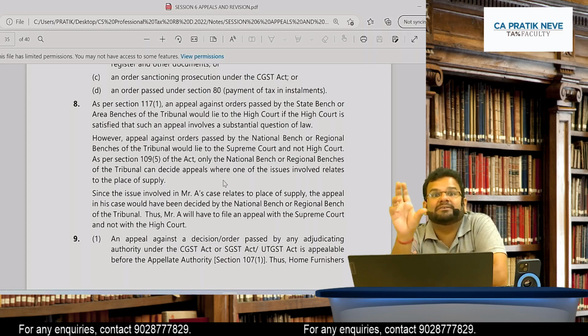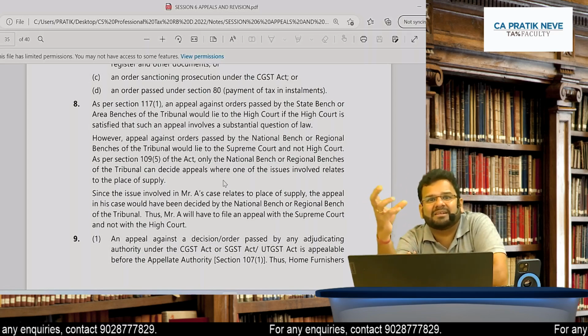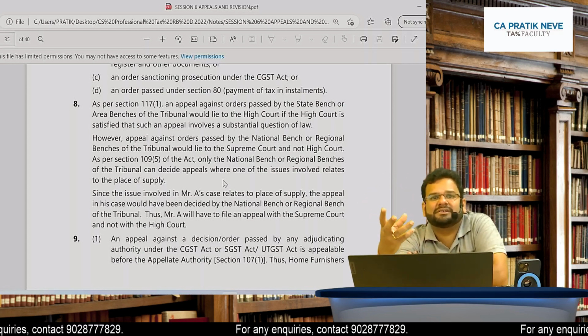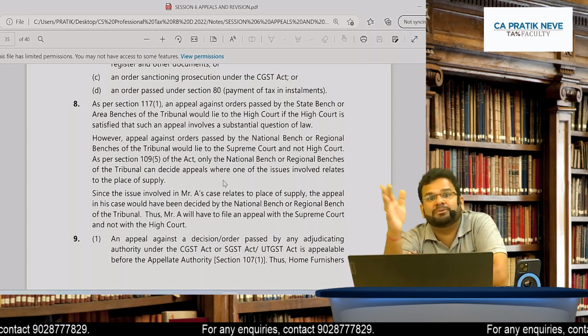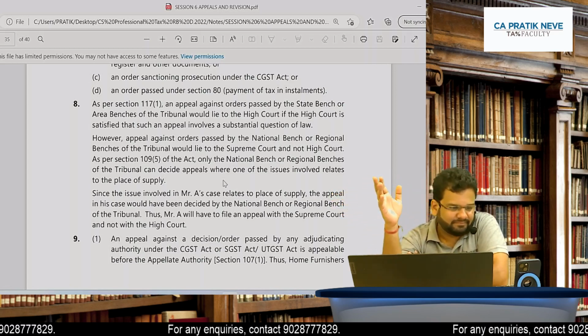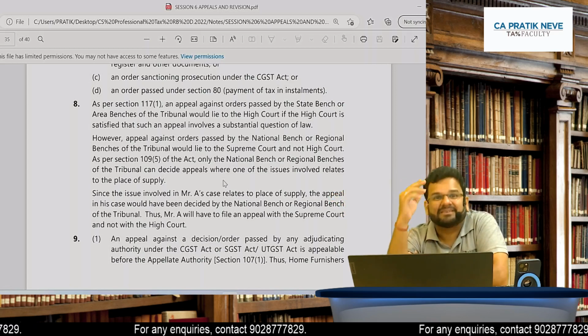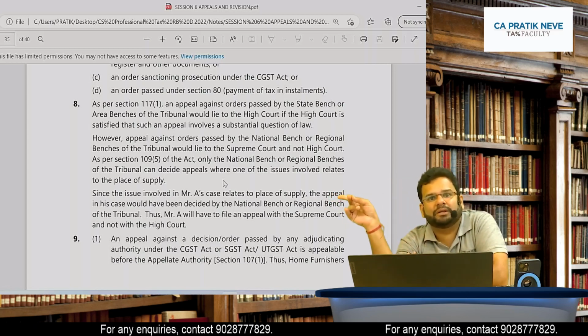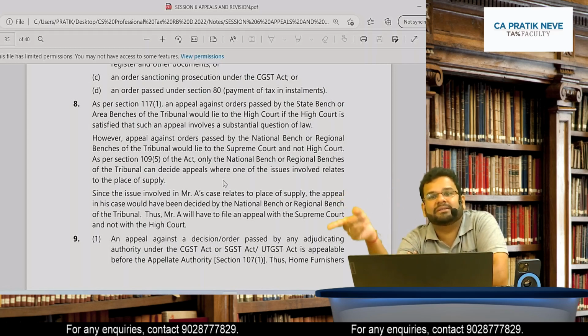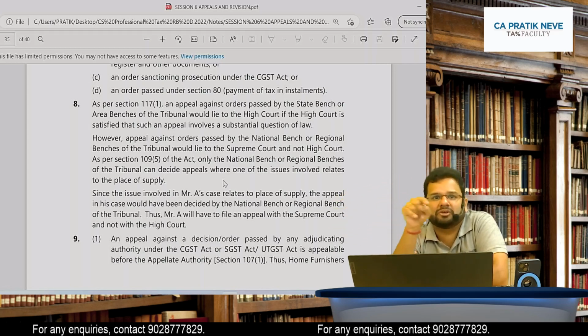Okay, now when I say regional bench, it means eastern region, western region, central region. So region is a broad concept. Okay, same logic which was there in advance ruling. In advance ruling, a question of place of supply cannot be asked.